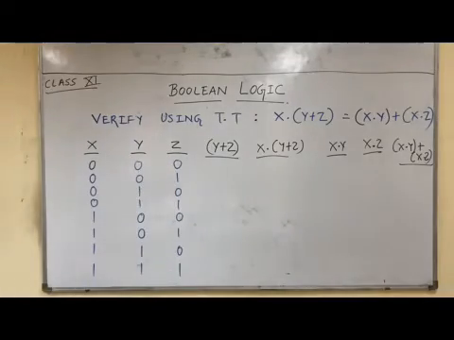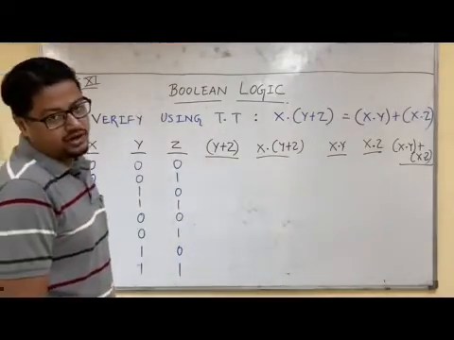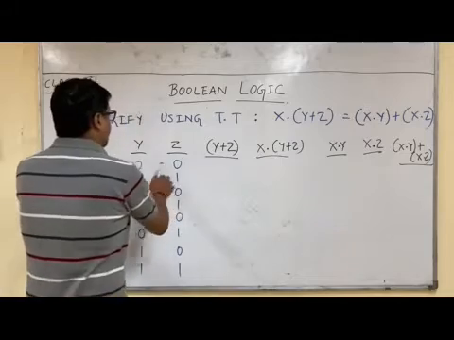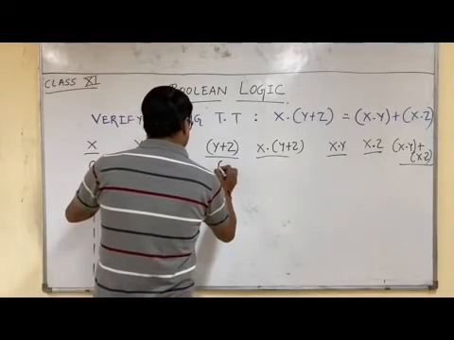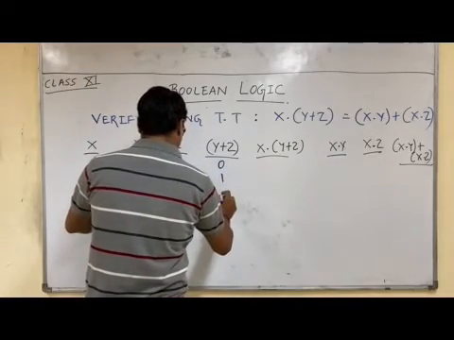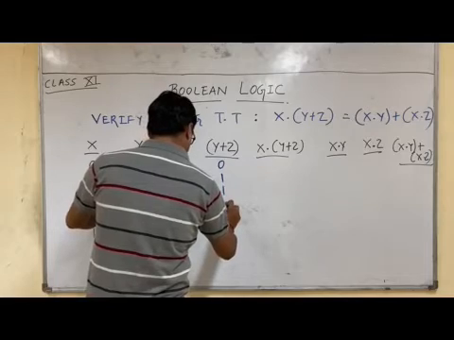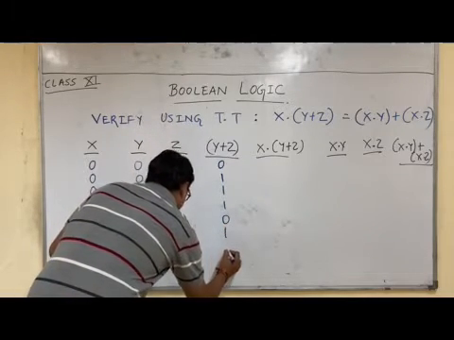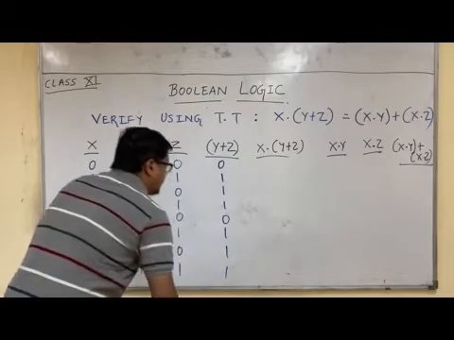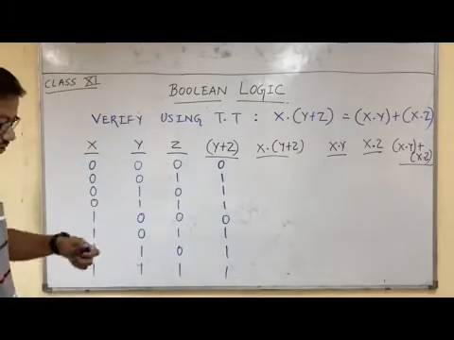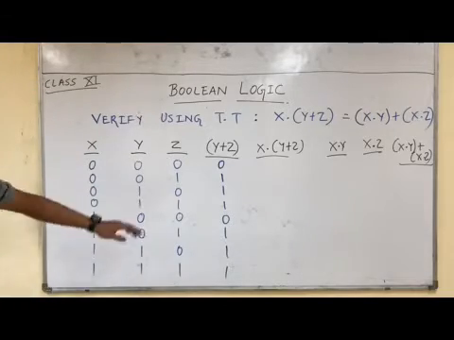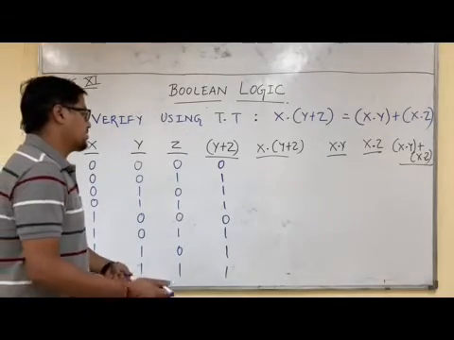Okay, now quickly going, this time I will not revise the rules for or, you know it well. Y plus z, 0 1 1 1 0 1 1 1. Okay, rule was wherever any of the input is high, output will be high. We have 2 cases of 0, otherwise all the outputs are high.